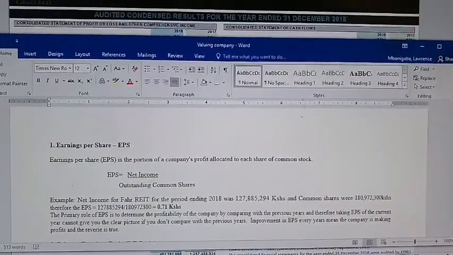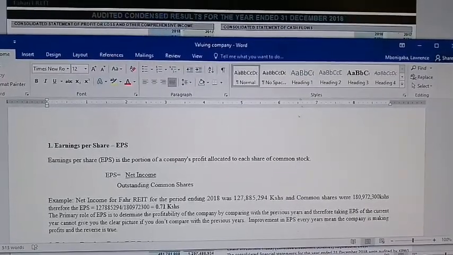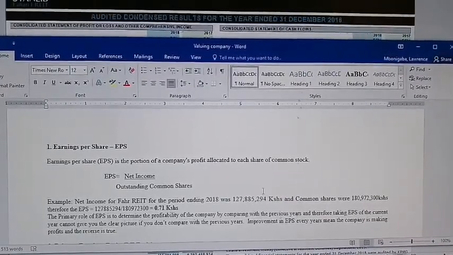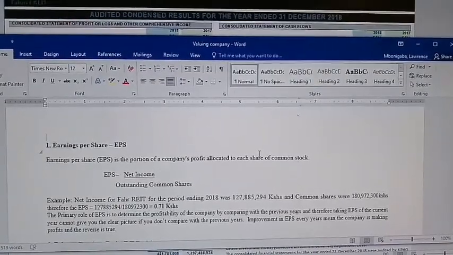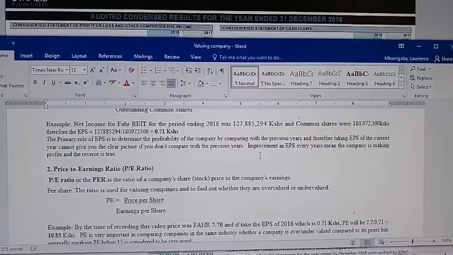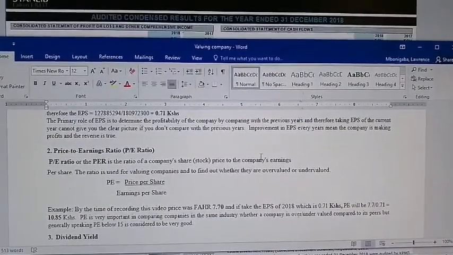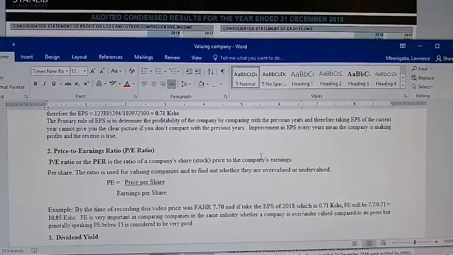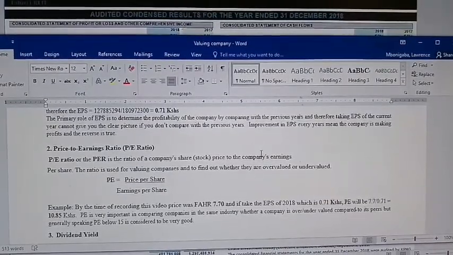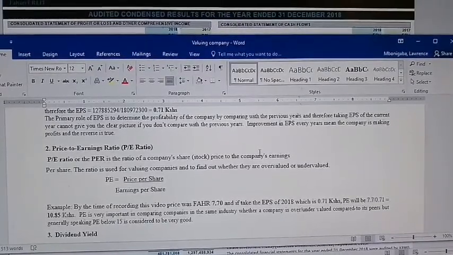Let me give you an example of how you can calculate a dividend yield. The share price of the company by the time I was recording was 7.7, and the dividend that Fahali paid this year, 2018, was 0.75.